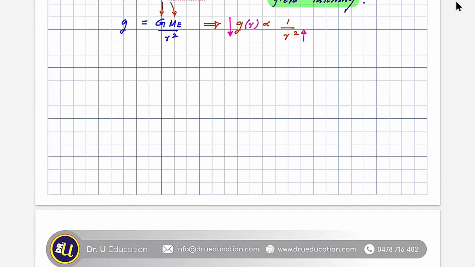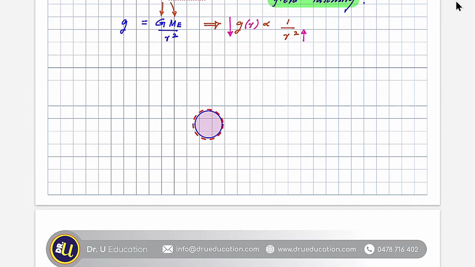Let's try to visualize this more. I'm going to have an orbit just around the Earth's surface, like the dotted one.